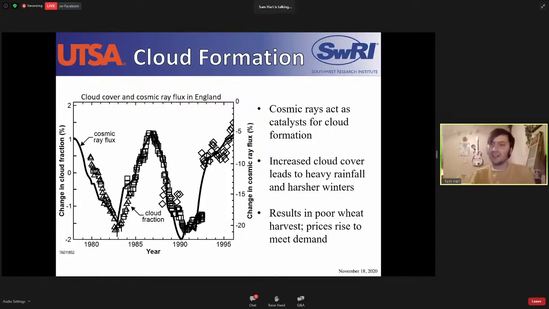And snow and rain can greatly influence how much wheat is grown during a certain harvest season. With a lot of snow and a lot of rain, you can delay your wheat harvest. And with less time to grow your wheat, you grow a lot less wheat. So the wheat harvest was very terrible, and as a result, the prices increased dramatically to meet the demand.